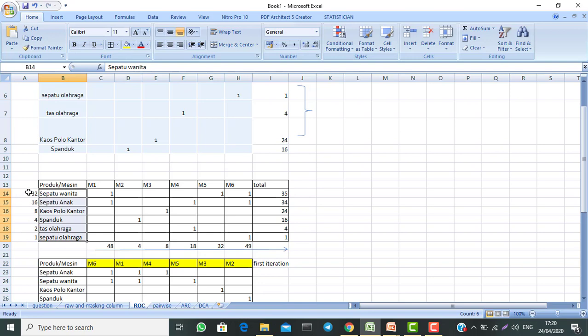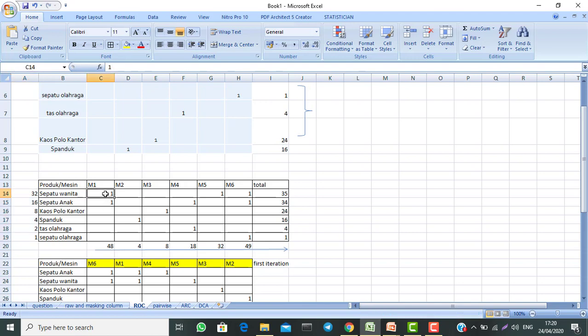So 2 power 5, 2 power 4, 2 power 3, 2 power 2, 2 power 1, and 2 power 0. Now let's count the binary score for the column, but with a different orientation. We use this binary score beside the product descriptions.